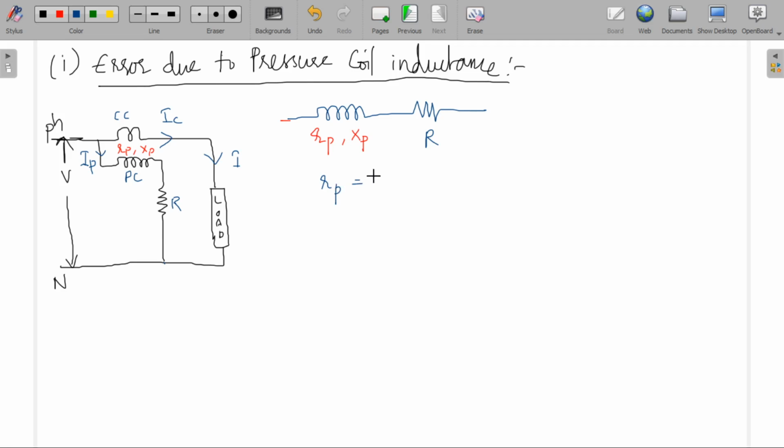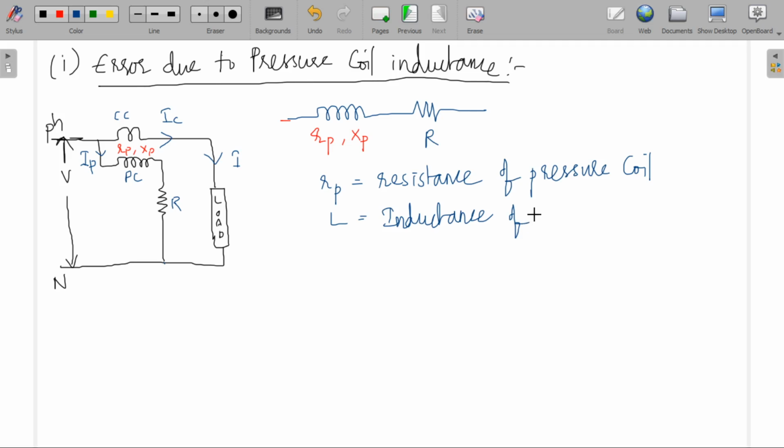Rp is the resistance of pressure coil. L is the inductance of pressure coil. Xp is the reactance of pressure coil, you can also write Xp as the inductive reactance of pressure coil.